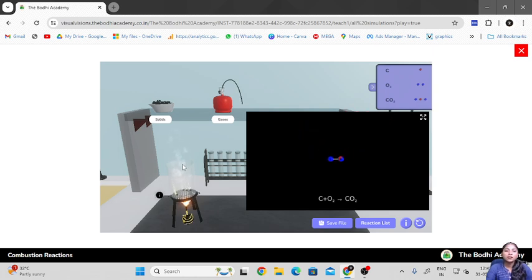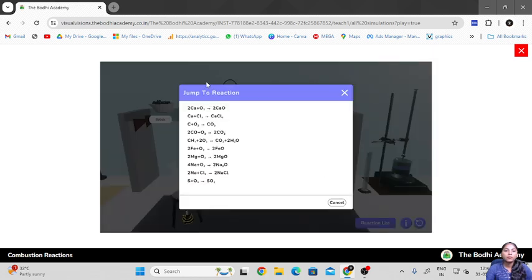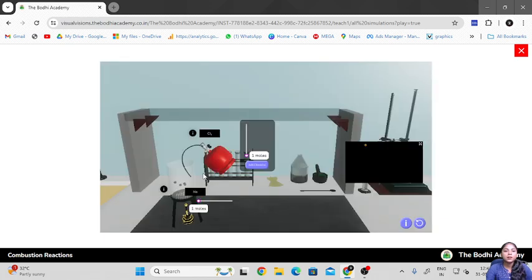See, the reaction will emit light and heat energy in the form of flames. So with 1 mole of carbon and 1 mole of oxygen, we got a carbon dioxide molecule.